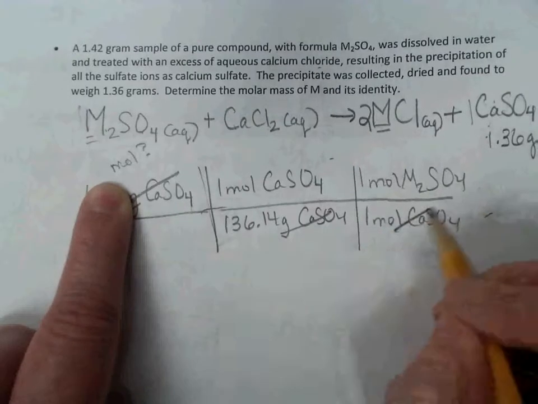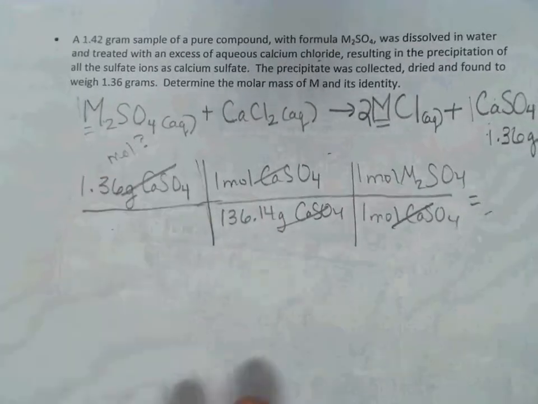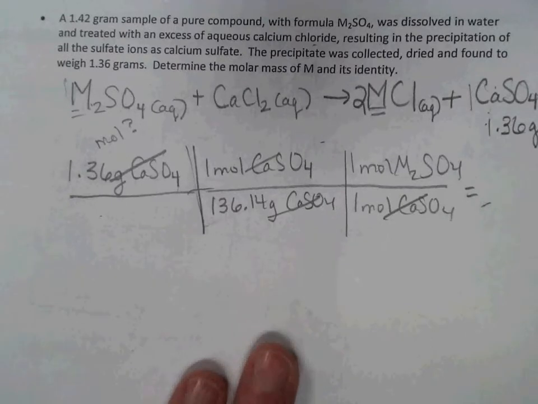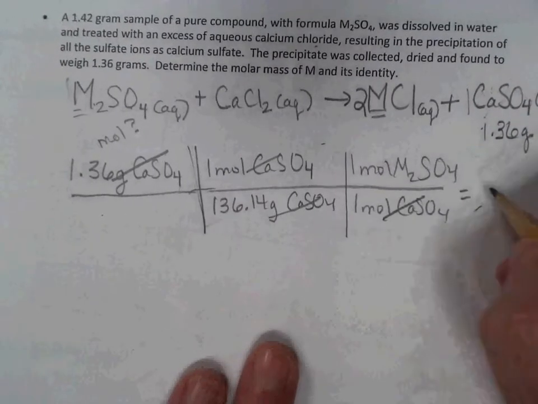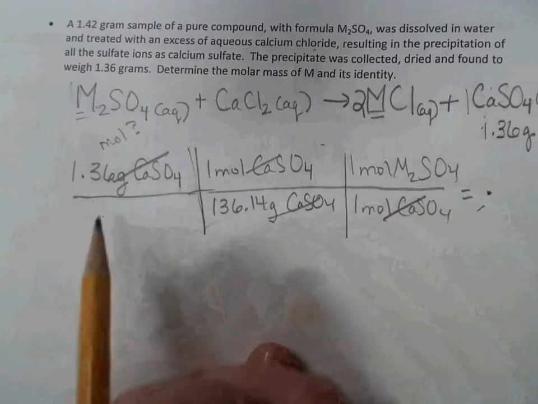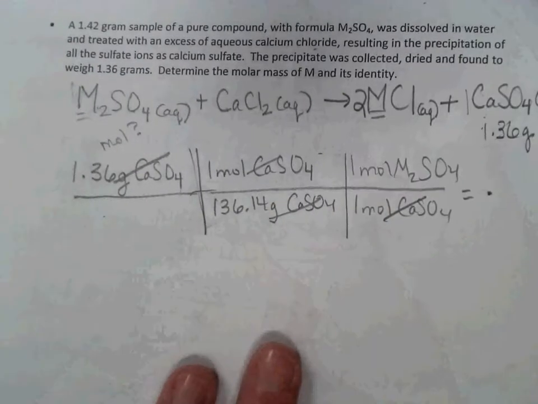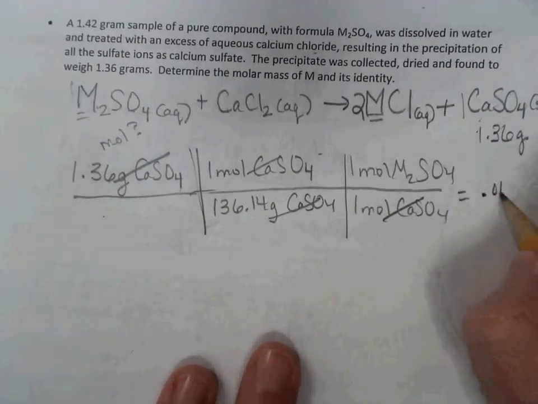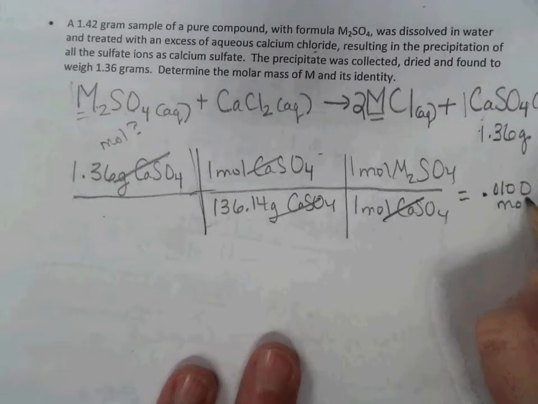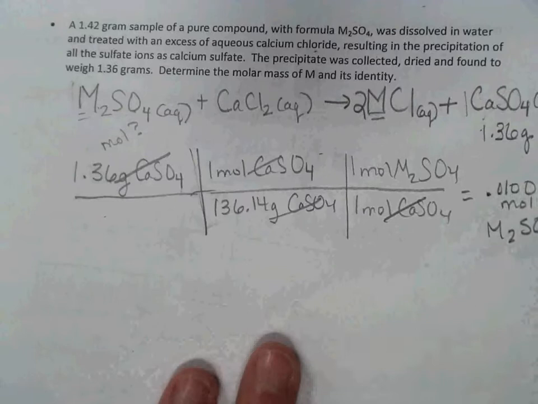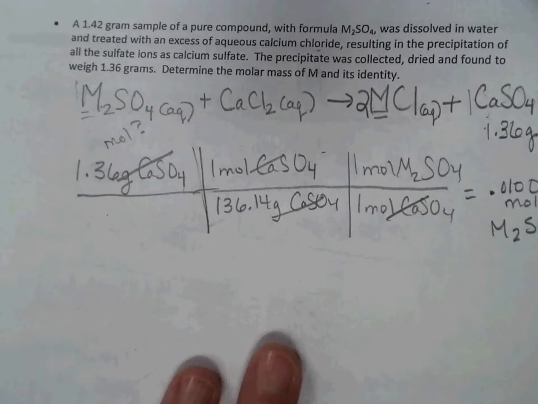It's a 1-to-1. If I multiply this through and divide by 136.14, I get 0.0100 moles of this unknown stuff.